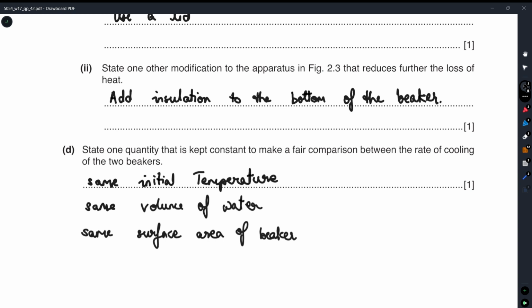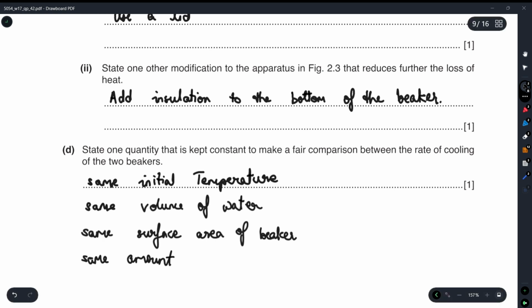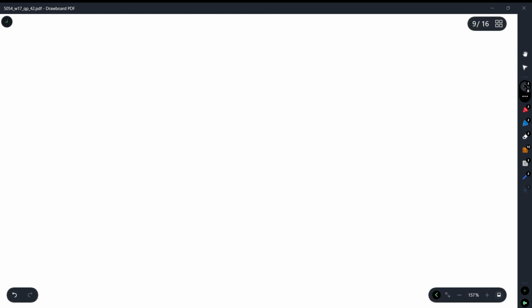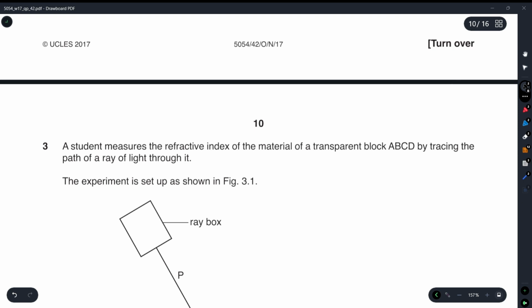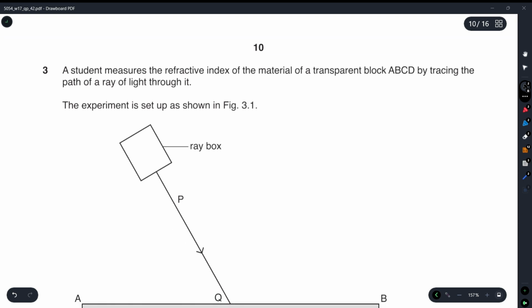The amount of insulation, you can say same amount of insulation. Or rather than same amount, let's say same thickness of insulation. So yeah, that's something that you need as well. All right, that was that. That was question number 2.